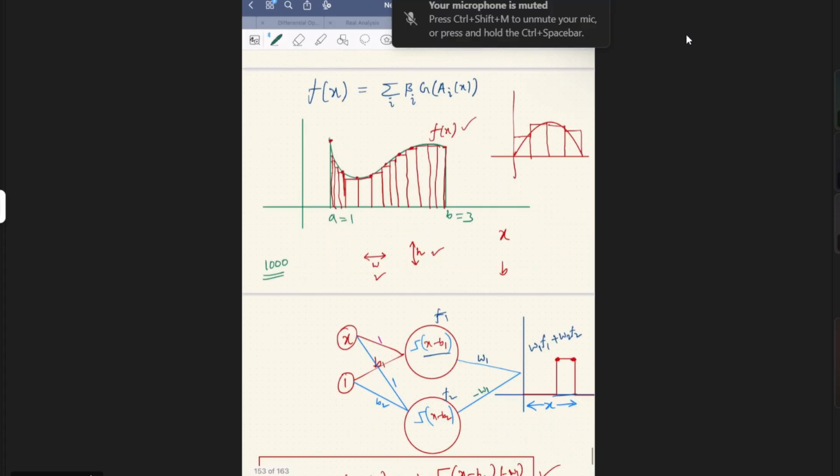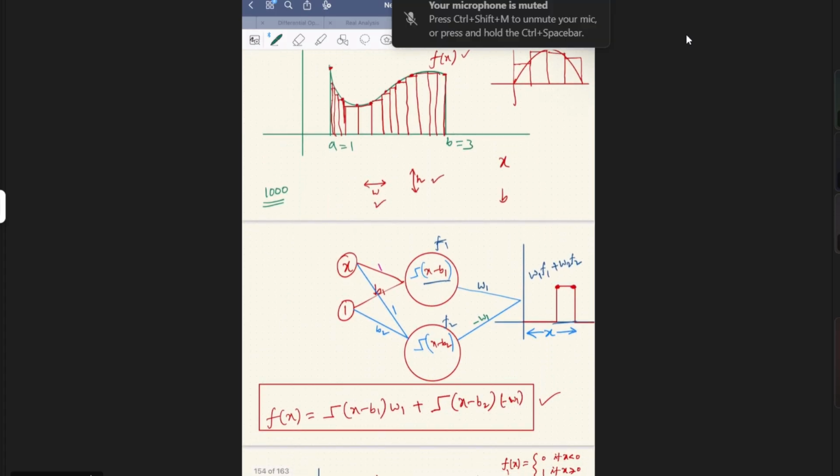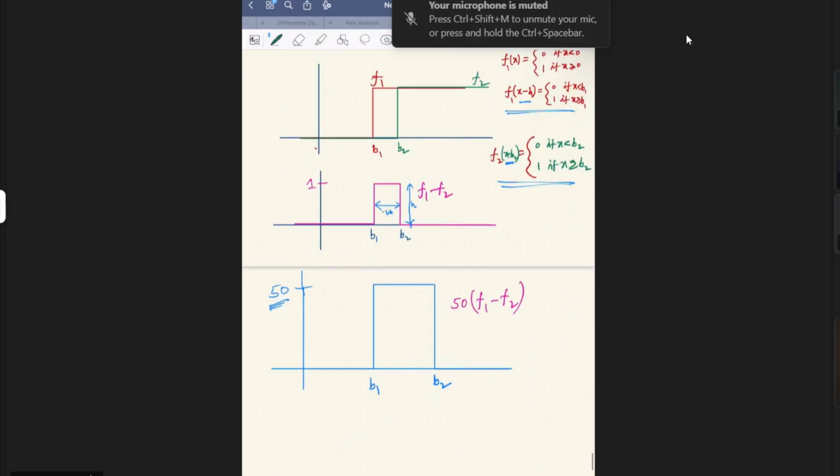So now you should know very clearly that there are two controls here. First is the width control. Width is controlled by the biases. If you think of this one, the width is given by b1 and b2.